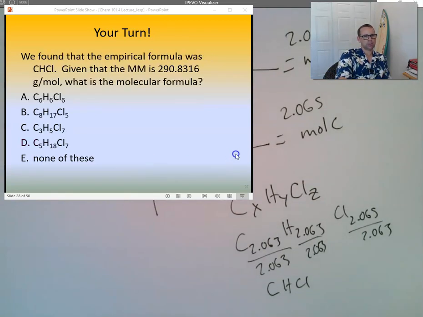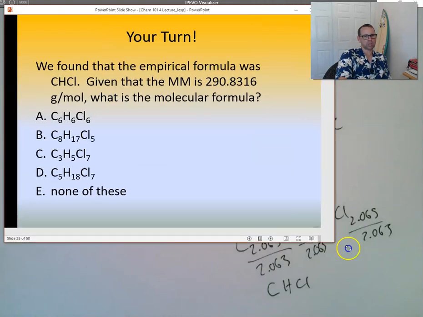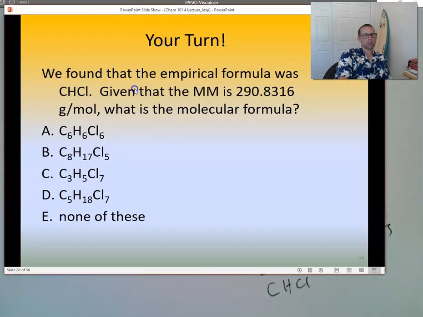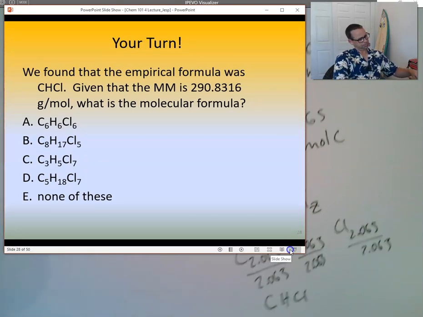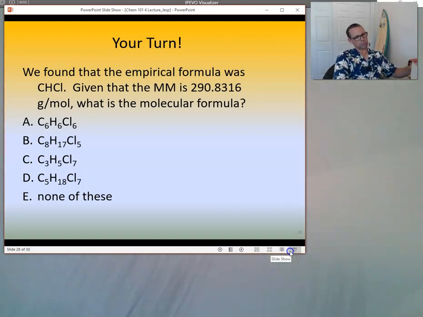Very good. Now, here's a follow-up question on that one. If the empirical formula was CHCl and the molar mass is 290.83, what's the molecular formula? What do you think? How do we do this one?